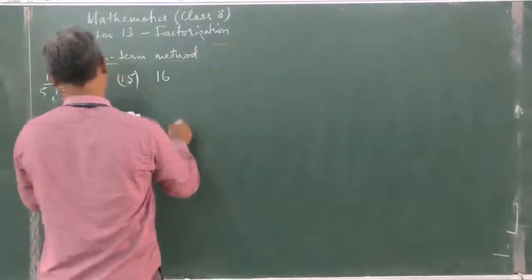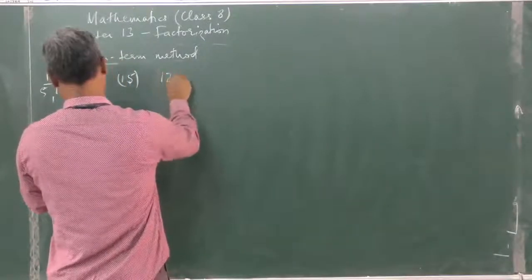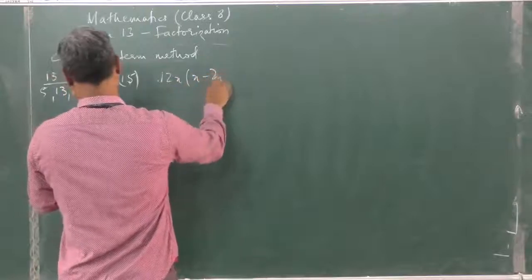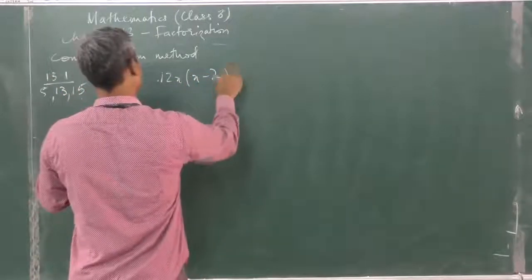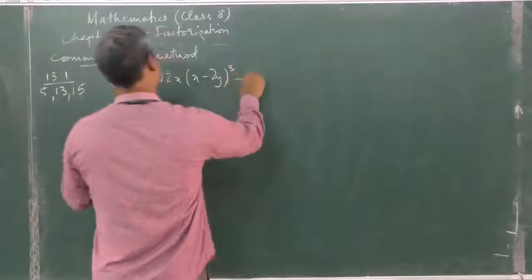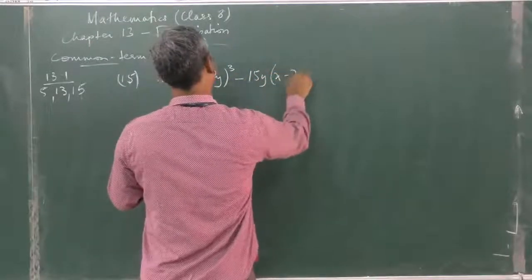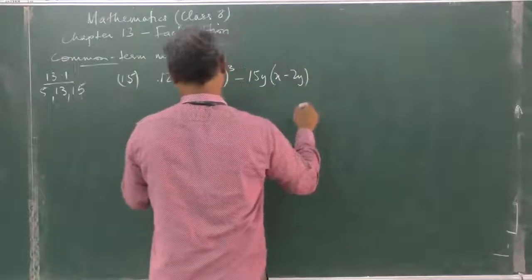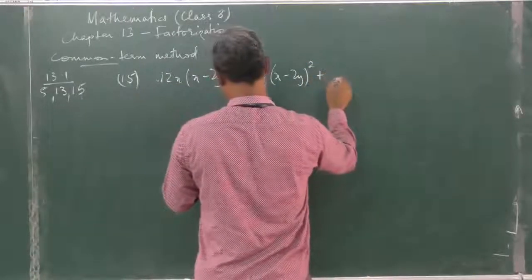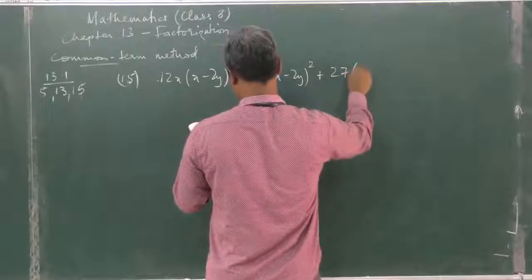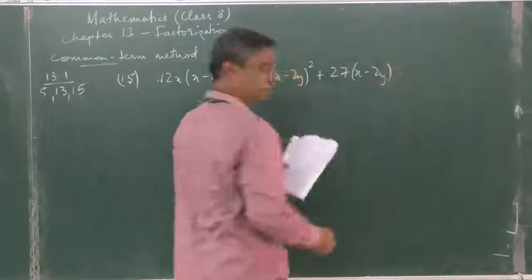Question 15 says 12x(x minus 2y) whole cube minus 15y(x minus 2y) whole square plus 27(x minus 2y).